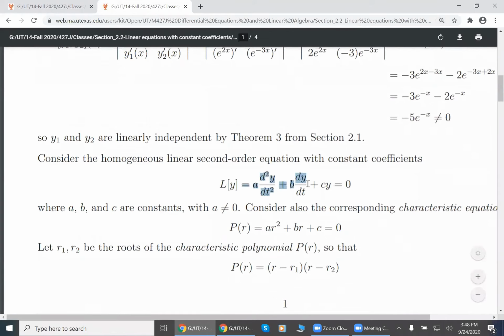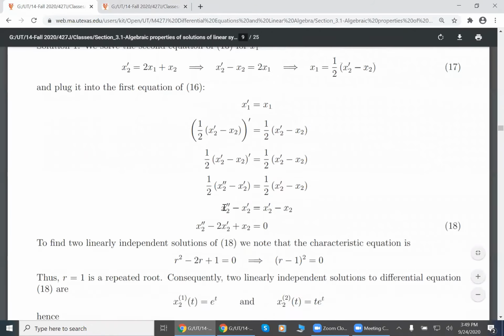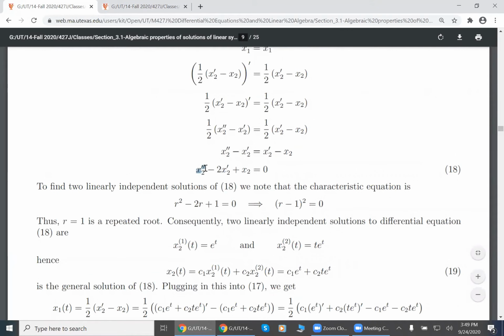In order to solve this equation, first write down the corresponding characteristic equation. So we replace x2 prime prime by r squared, x2 prime by r, and we replace x2 by the coefficient in front of x2.